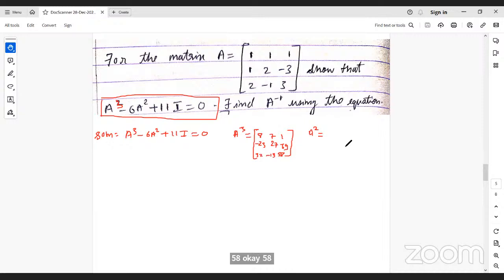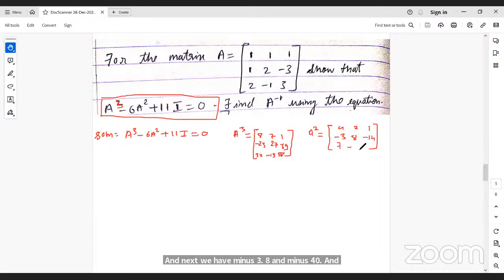And the A square value is 421, next minus 3, 8 and minus 14, and 7, minus 3 and plus 14. Using this you show it is equal to 0. This part you can do.